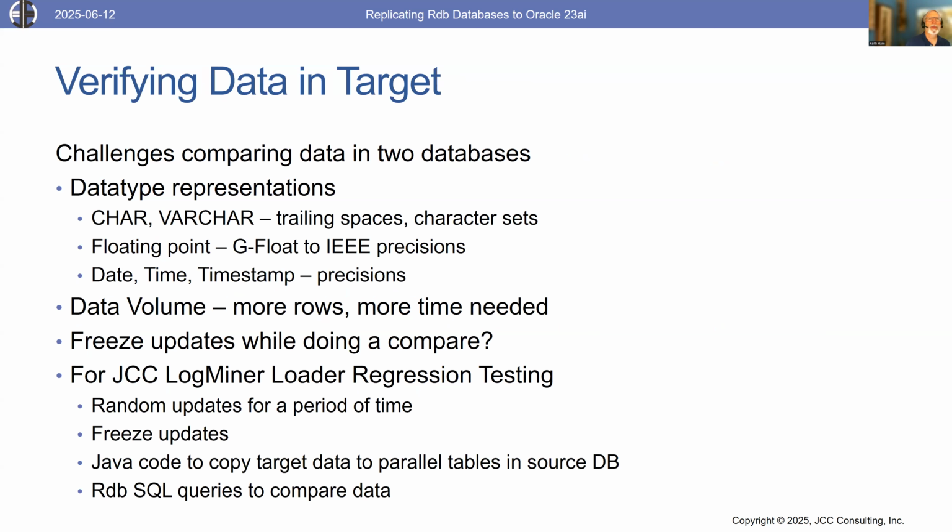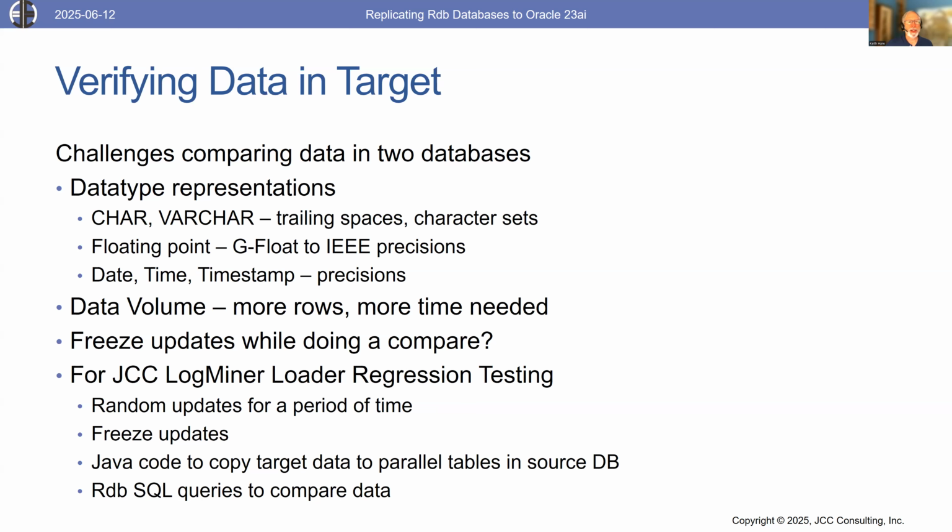Okay, so I put all of this data into a target database. How do I validate that the data is the same? Some of the challenges are data type representations, things like trailing spaces and character sets, and floating point representations, because when you convert, say, a G float to an IEEE float, the fractional precision may change.